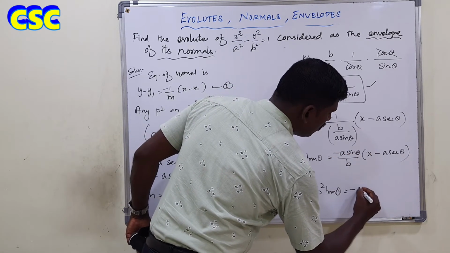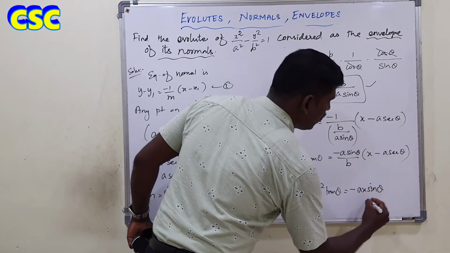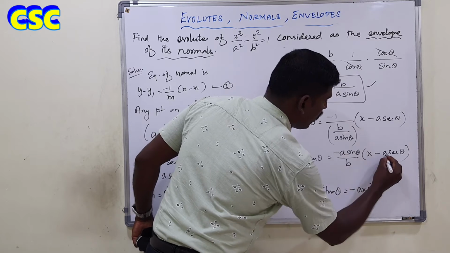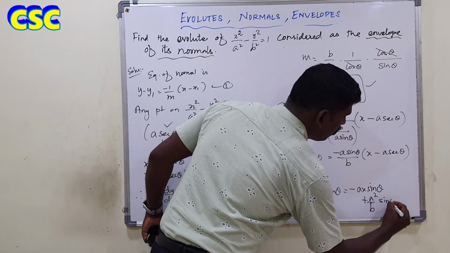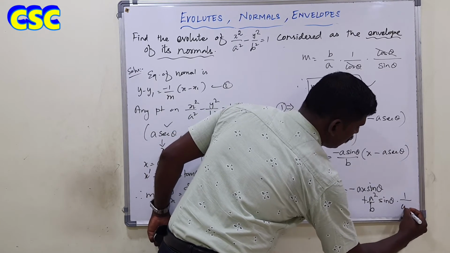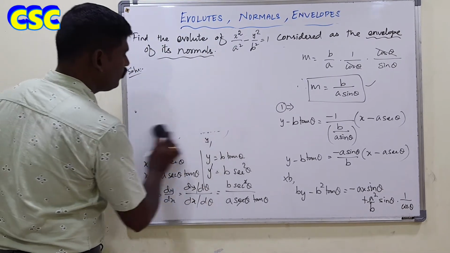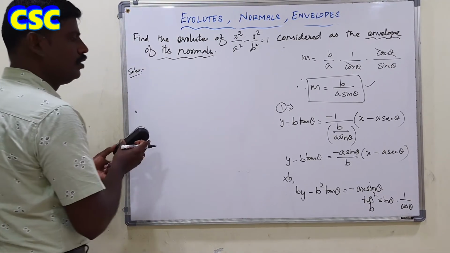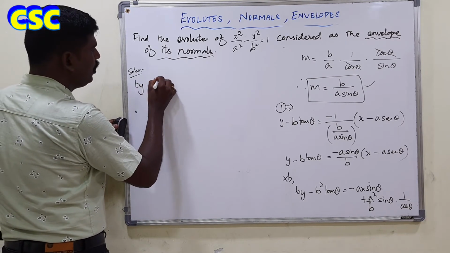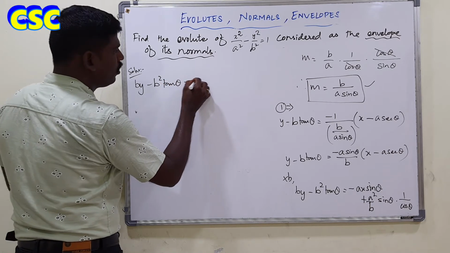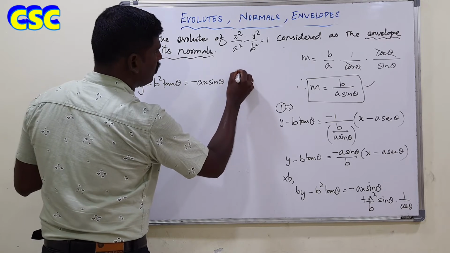So minus ax sin theta, and then this minus becomes plus a square by b sin theta into secant theta, which is 1 by cos theta. What is sin by cos? Tan theta, isn't it? So by minus b square tan theta is equal to minus ax sin theta plus a square by b tan theta.